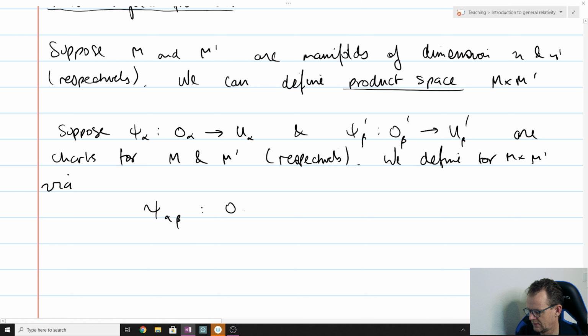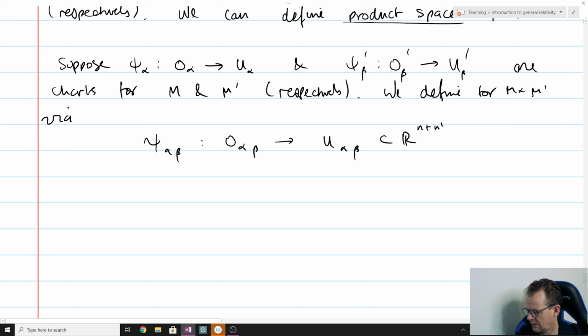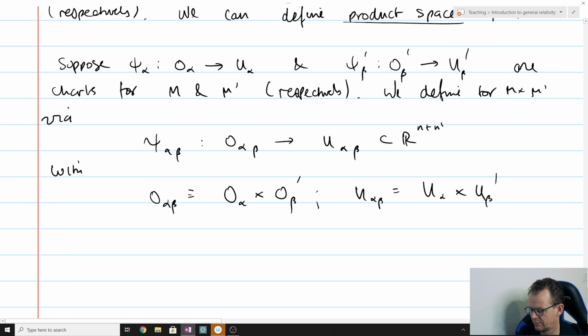Well, it goes from a set called O alpha beta to a subset U alpha beta of R^n plus n prime, with O alpha beta a subset that covers our putative new product manifold. You just take the corresponding covering sets from the respective manifolds, and U alpha beta is of course U alpha cross U beta prime.